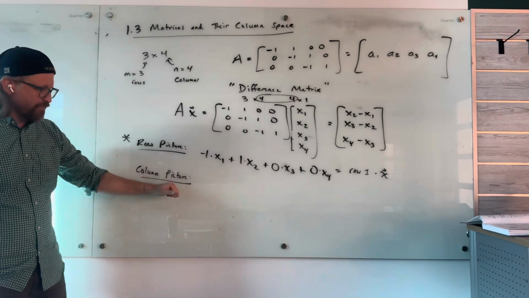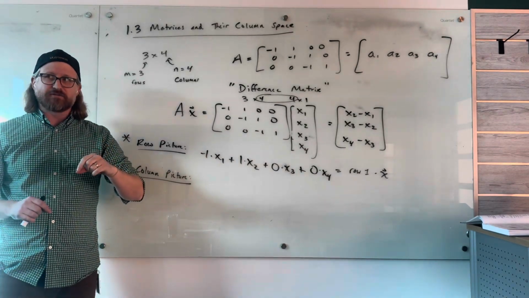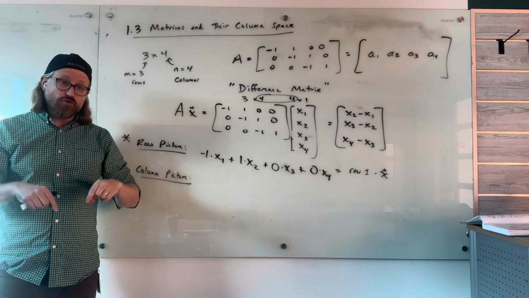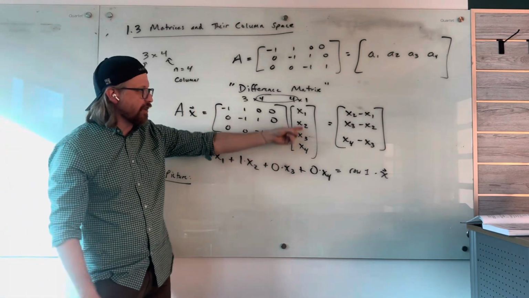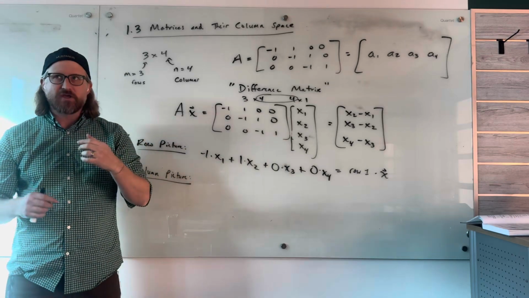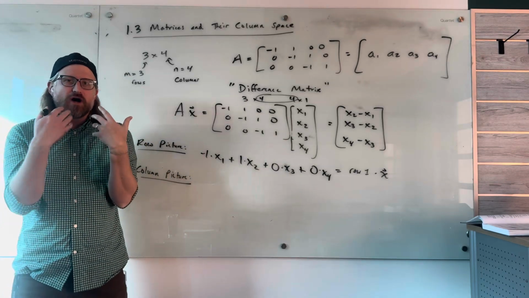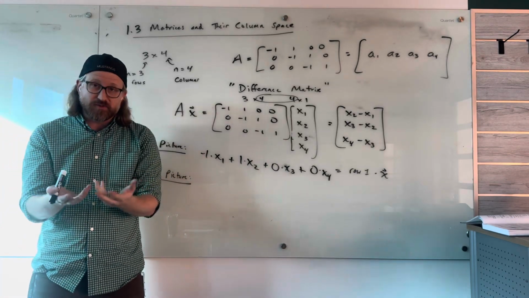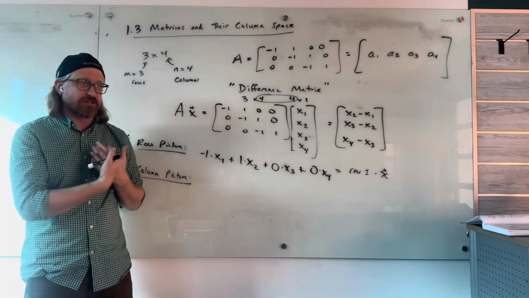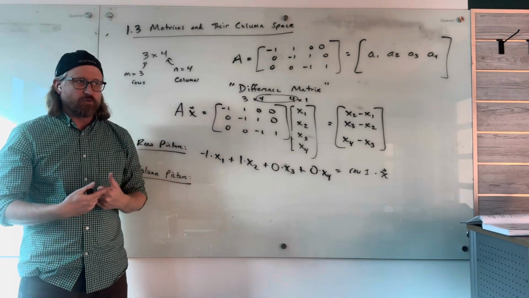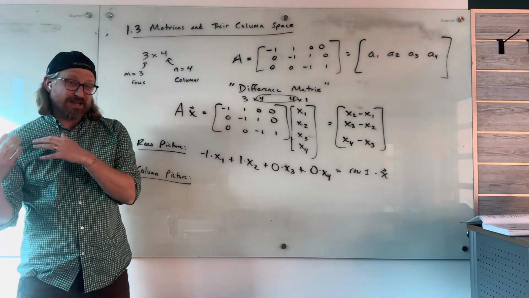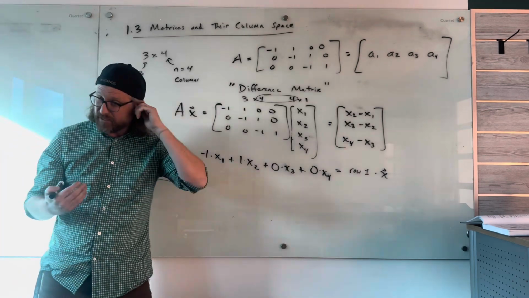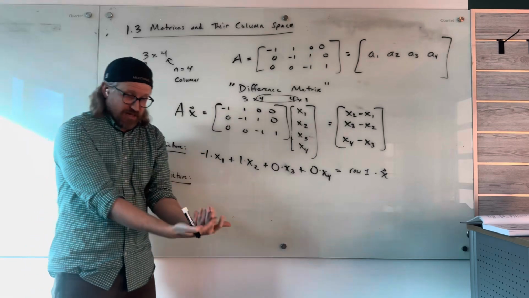The column picture will give me a better idea of what this matrix can do when I'm multiplying with any other vector. In other words, we can define more of what's referred to as its column space. We can find more information about what its rank is. We can find more information about whether the columns are independent or dependent, and what that tells me.